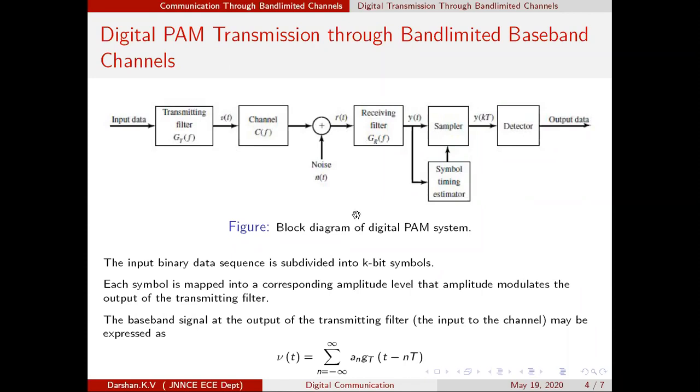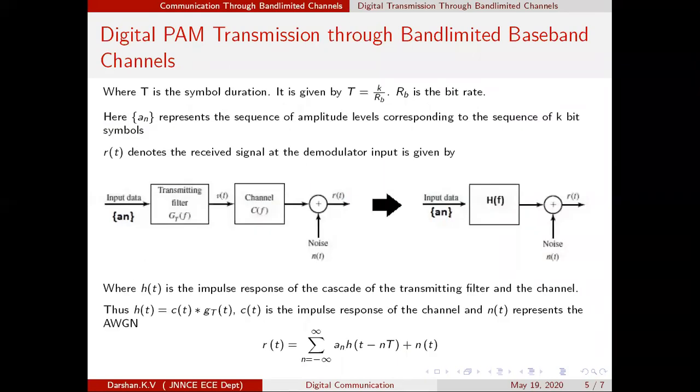So that much part of the block diagram I have rewritten again. For your understanding purpose, to the input data, I am associating AN. What does this represent? This represents the amplitudes of the pulses. So this is a representation so that you will understand.